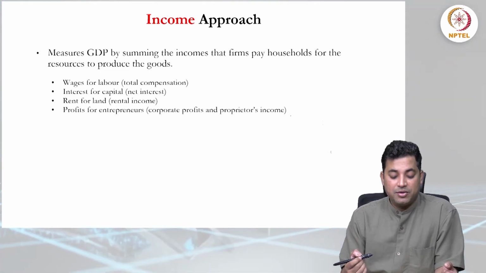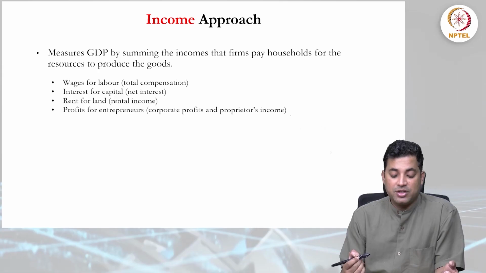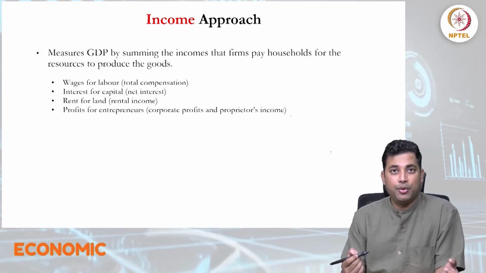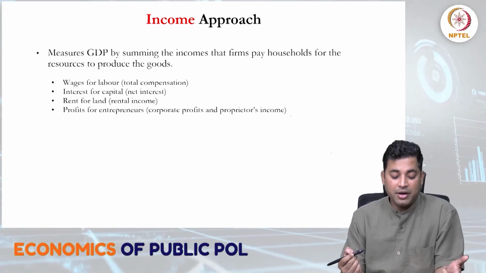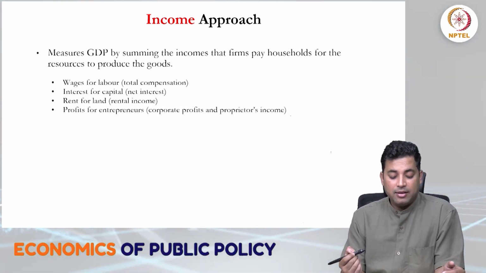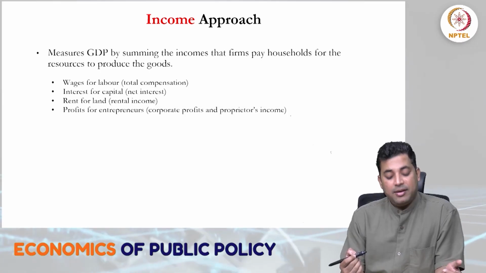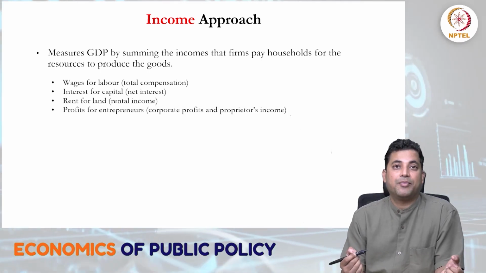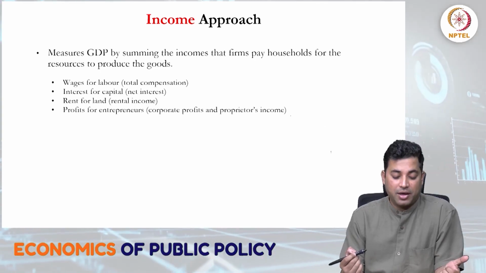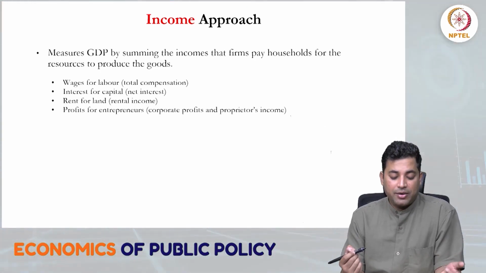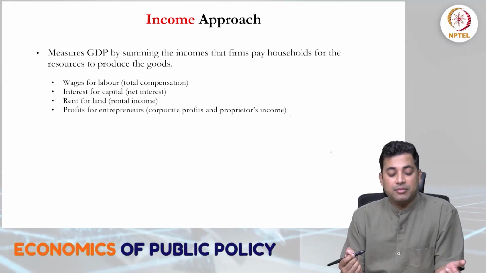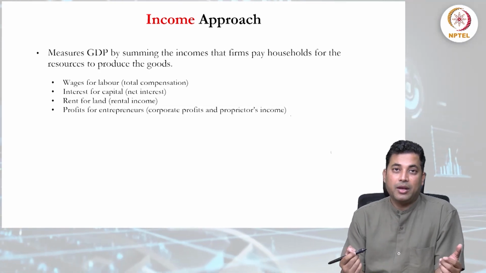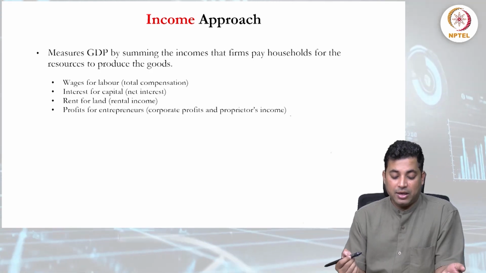Firms will pay interest to financial institutions like banks if they borrow money from a bank, and rent for the land, like three basic fundamental factors of production. So rent is the rental income that will be counted as part of the income approach of GDP calculations.